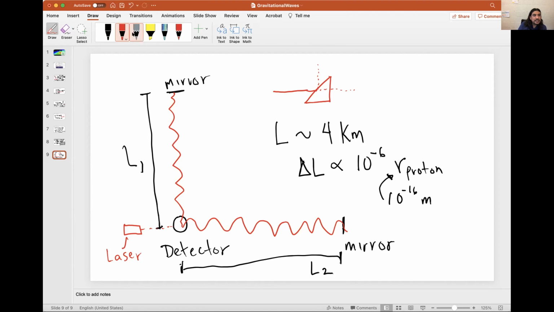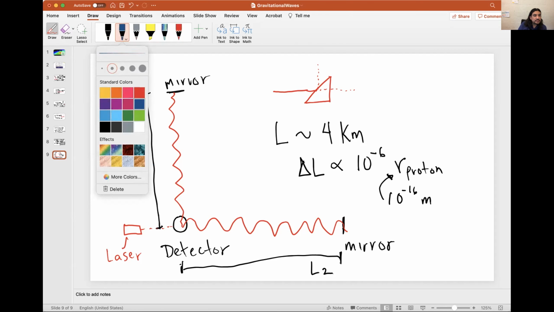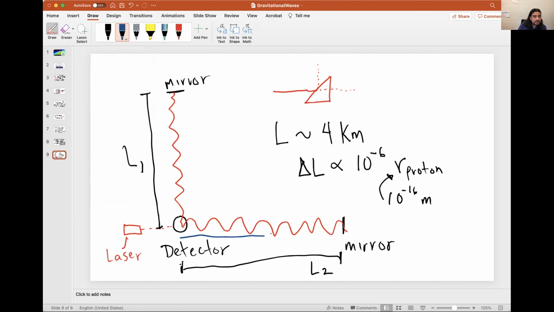And then all of this is encased in a huge tube, there's a tube right here, like this, and in that direction too. There's giant tubes, and it's underground, so that nobody can mess around with it.